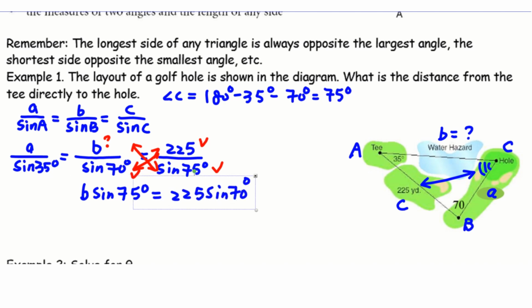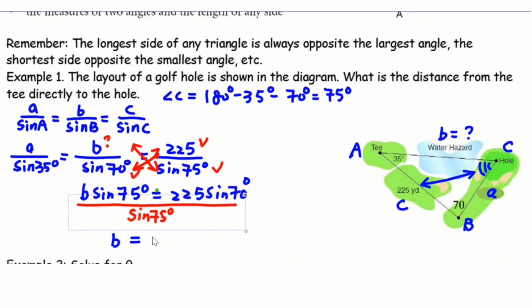In order to solve for b, we want to isolate b. We want to move the sine 75 to the other side by doing the opposite operation. This is multiplication, the opposite operation is division. So we have side b equals, get your calculator out, 225 times sine 70 divided by sine 75.